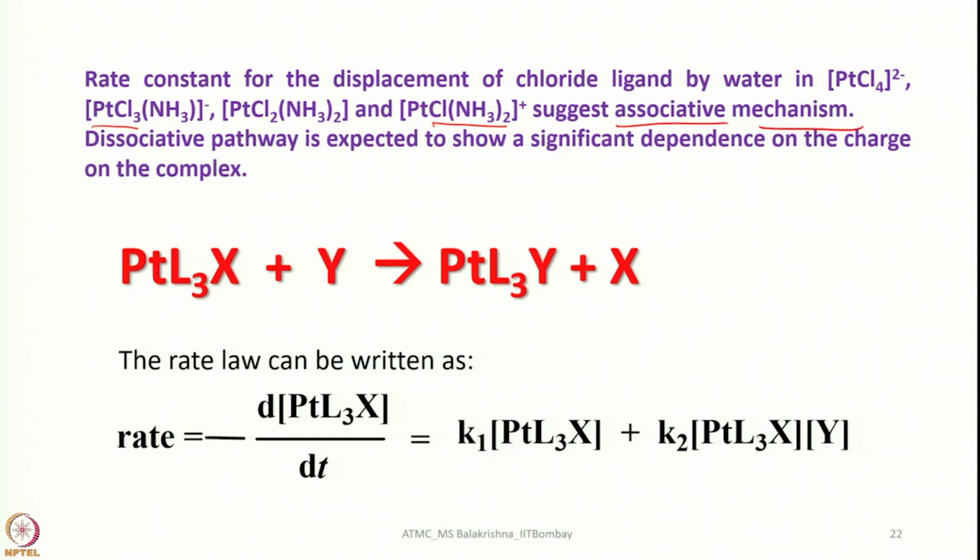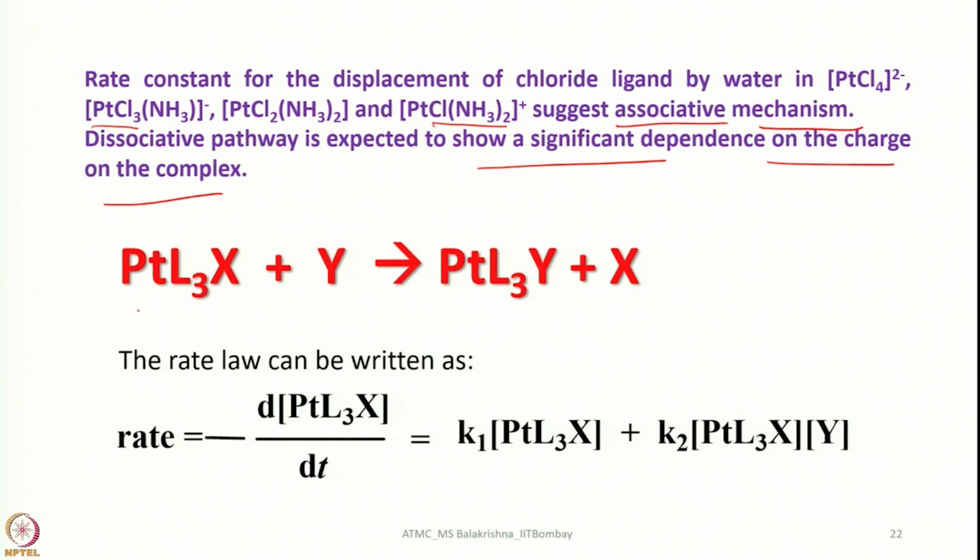The dissociative pathway is expected to show a significant dependence on the charge on the complex. Nevertheless, there are ways to explain substitution reactions in platinum complexes, d8 systems or square planar complexes using a dissociative pathway by looking into some donor solvent interaction which makes weak interactions on the axial position to have a tetragonal geometry. So, let us look into those things later.